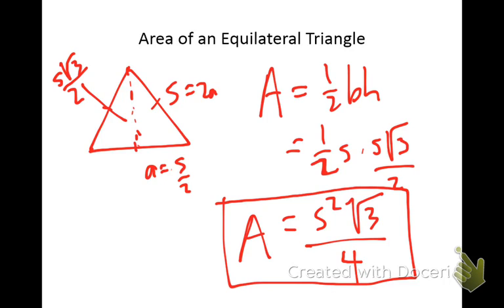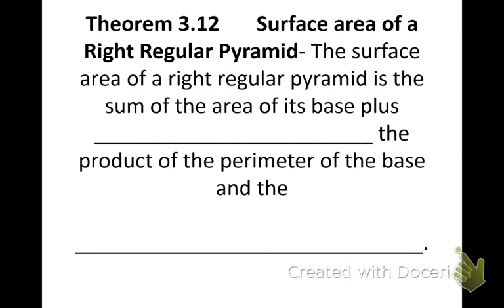If we plug 6 into this formula, we'd get 36 radical 3 over 4. 36 divided by 4 is 9. So you see we get 9 radical 3. So just eliminate some steps if you remember this formula. Any questions on that?